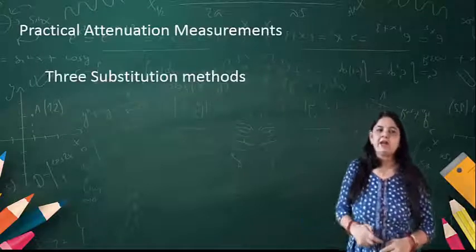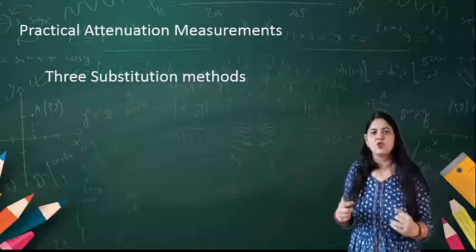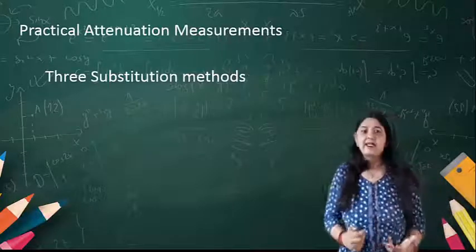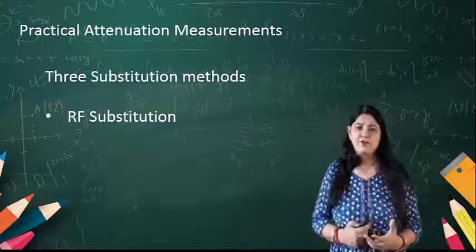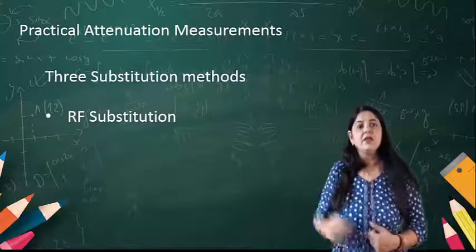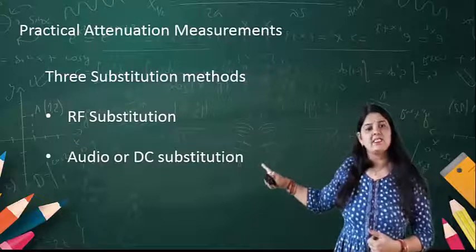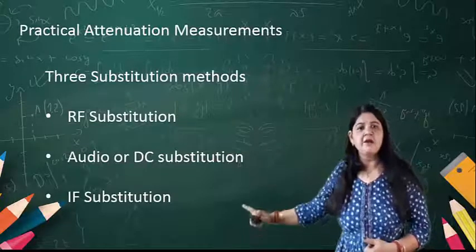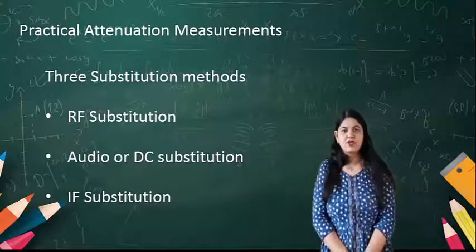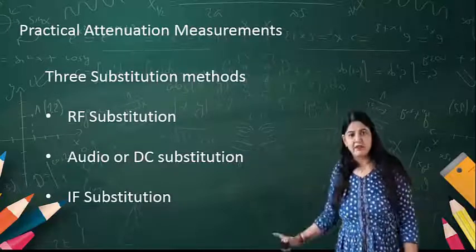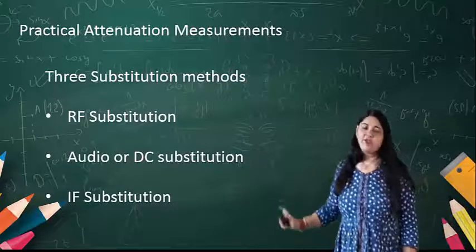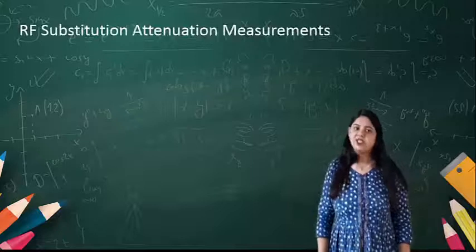There are normally three practical attenuation measurement methods. Which are those three methods? They are the RF substitution, audio and DC substitution, and IF substitution. By using these, we can measure the attenuation level.